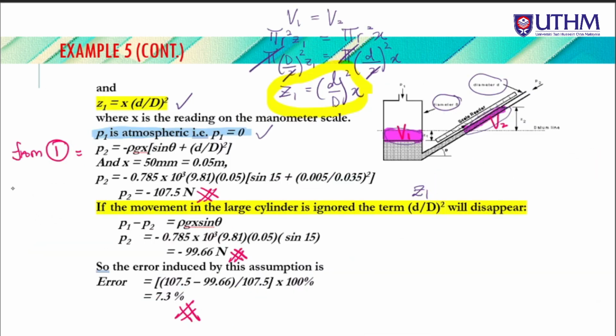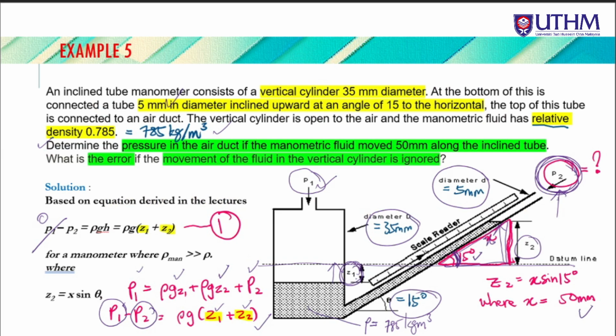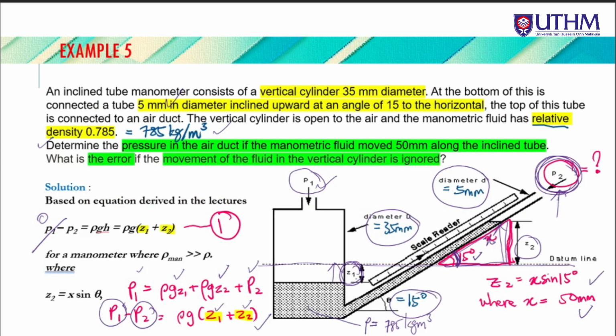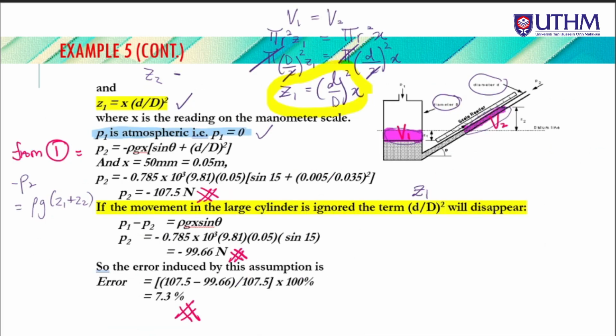P2 actually minus P2 lah, minus P2 equals to apa tadi, kita tengok balik, rho G (Z1 plus Z2), and Z1 equals to yang ni, and Z2 tadi equals to apa, at sin 15 degree, okay. Ataupun sin theta lah, okay.